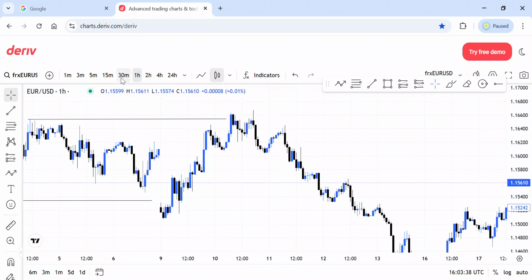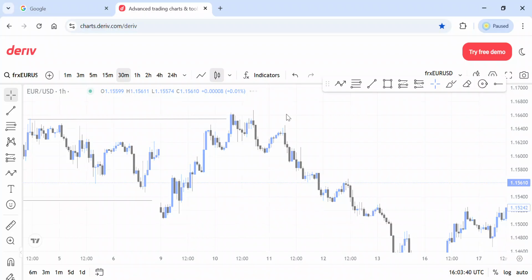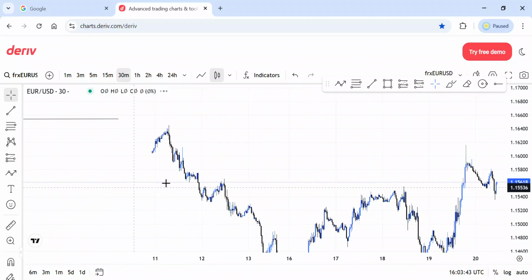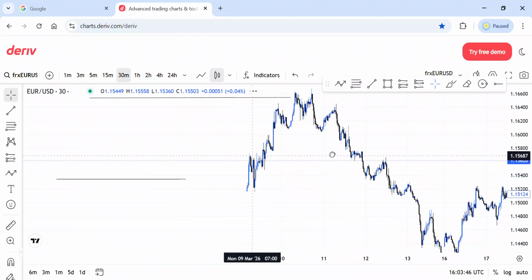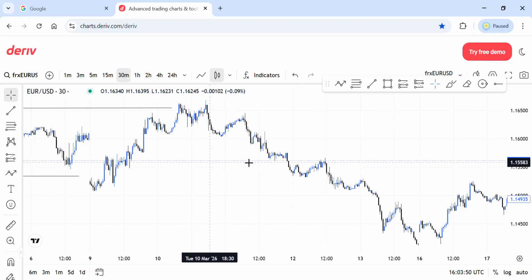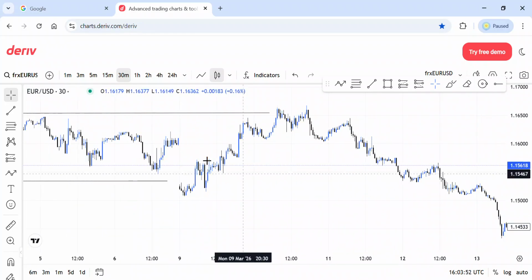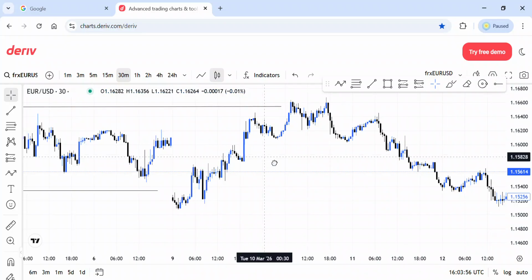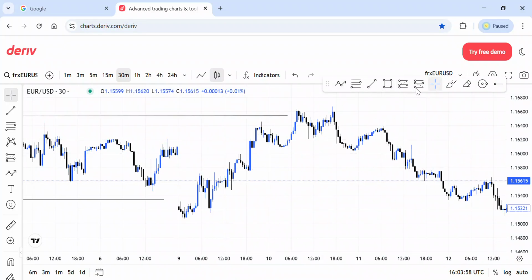1 hour. Let's go to 30 minutes or 15 minutes or thereabouts, so that we can see the trend clearly. I don't want to waste much of your time. As we can see here, very glaring and obvious, everybody can see.